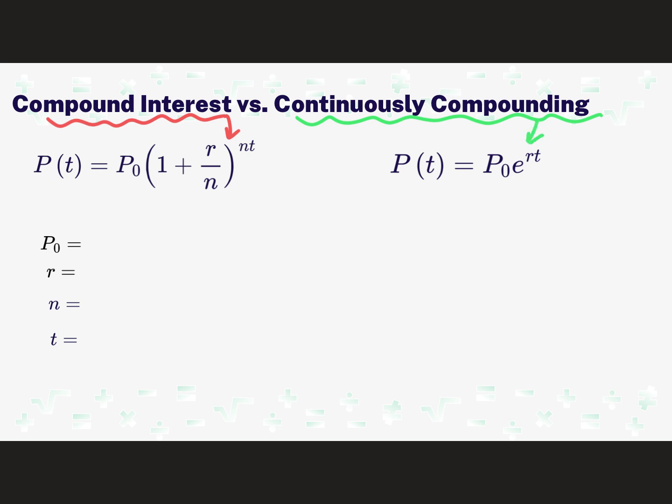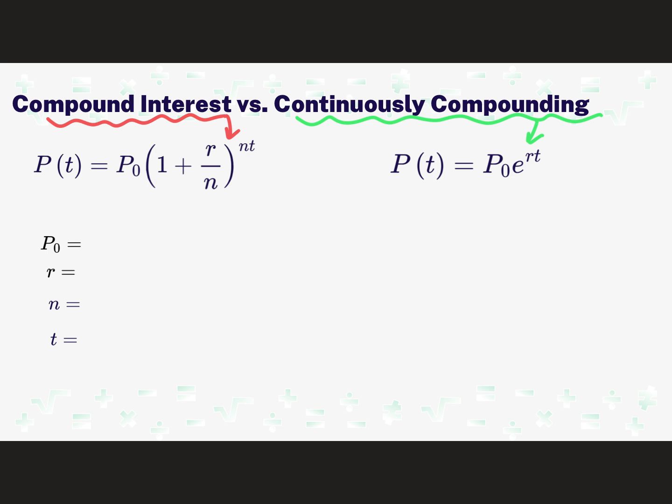You notice here in that second function, we have an exponential expression with a base of e, this Euler's number or Euler's constant.